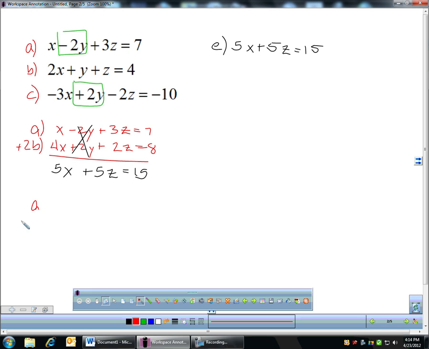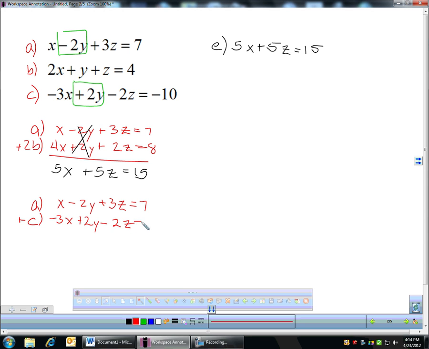I'm simply going to take A and add A to C. If I add A and C, that's x minus 2y plus 3z equals 7, and negative 3x plus 2y minus 2z equals negative 10. When I add A and C, x minus 3x is negative 2x. Negative 2y plus 2y cancels. 3z minus 2z is a positive 1z, equals 7 minus 10, which is negative 3.